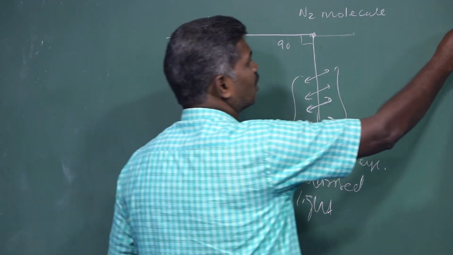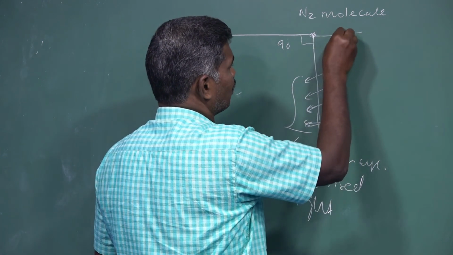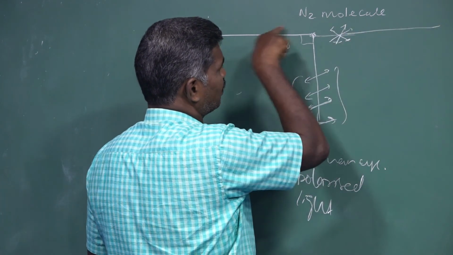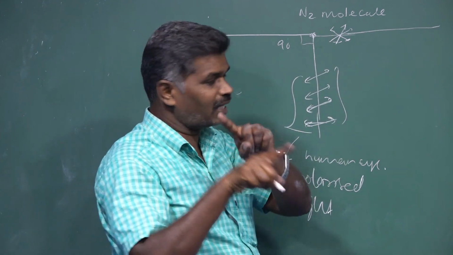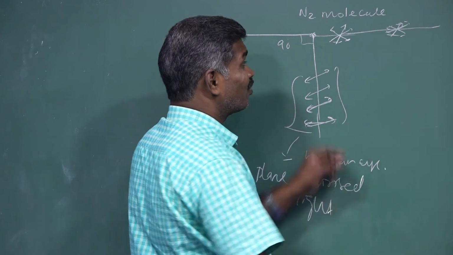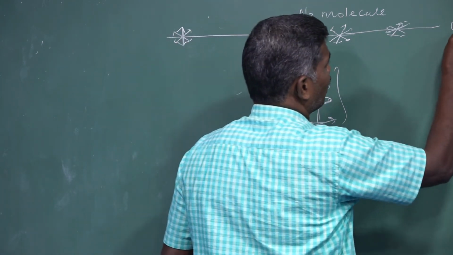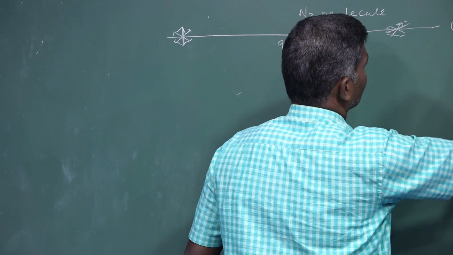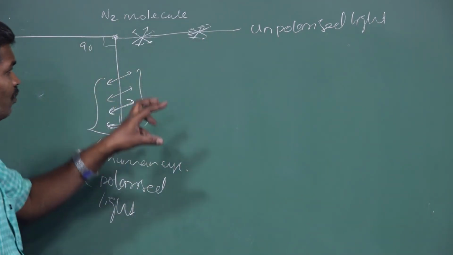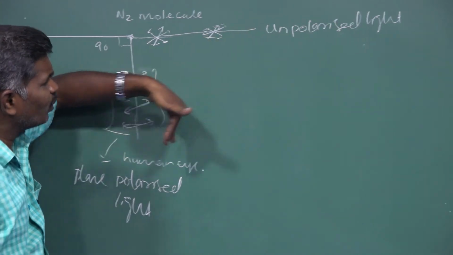But if you view in the incident direction, the scattered light has vibrations in all perpendicular directions, which means it is unpolarized light. We can view the light not only from these two directions but from all directions.